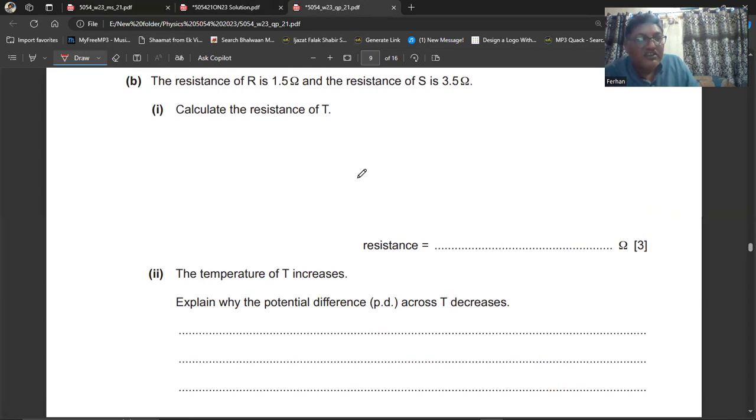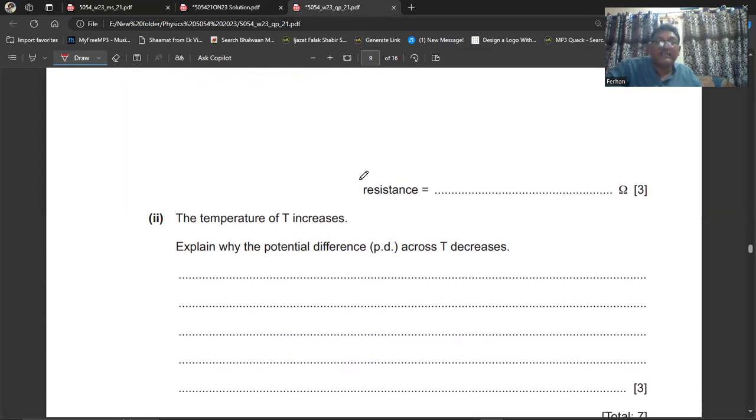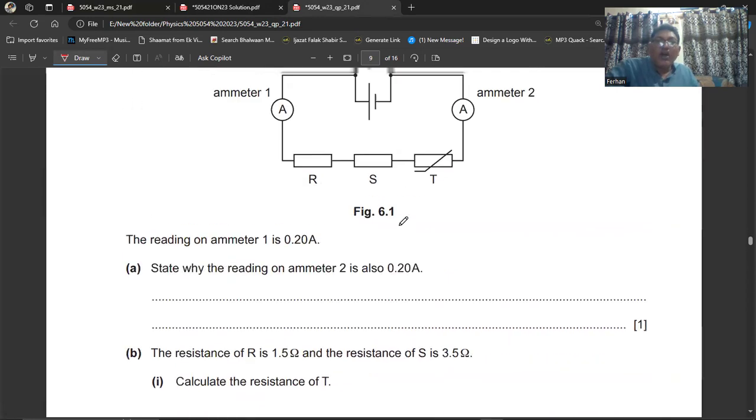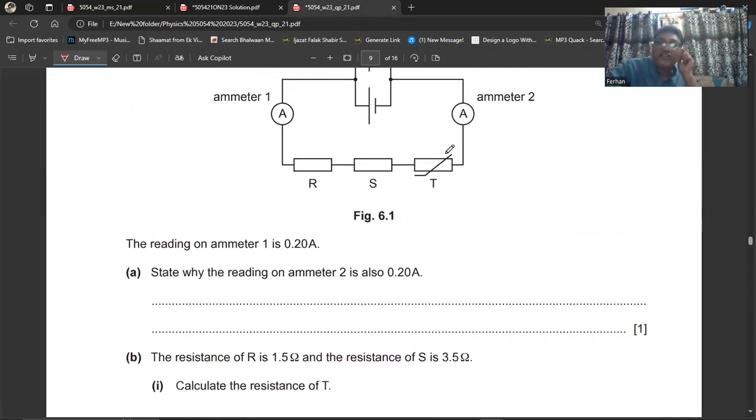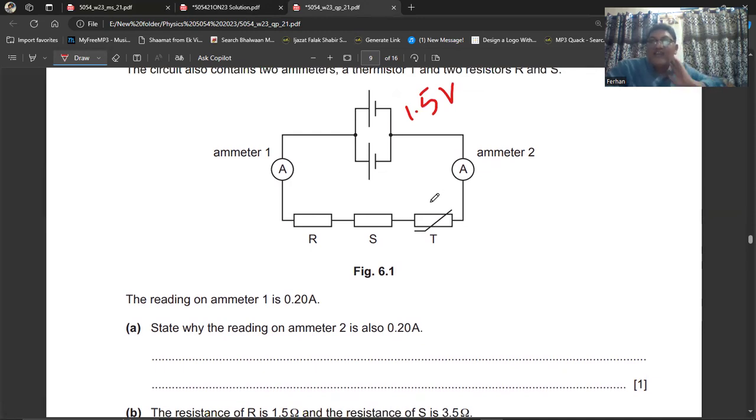Then in the second part of B, he says the temperature of T increases. Explain why the potential difference across T decreases. When you increase the temperature, the resistance of this thermistor will decrease. When the resistance of the thermistor decreases, the equivalent resistance of the whole circuit will also decrease. So now a larger amount of current will come from this battery.